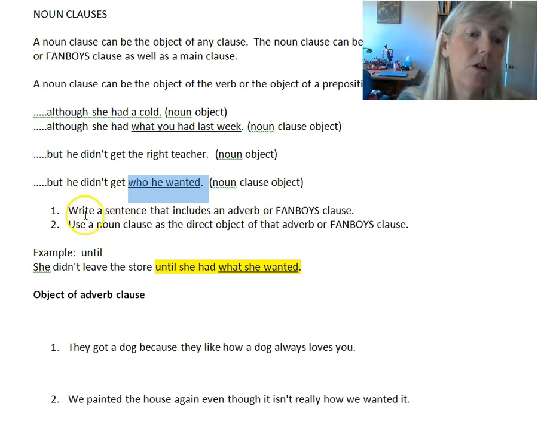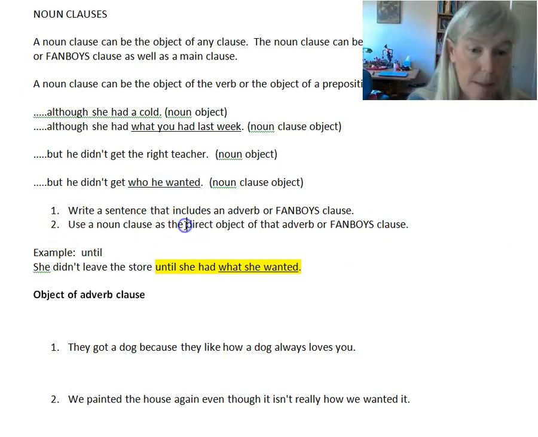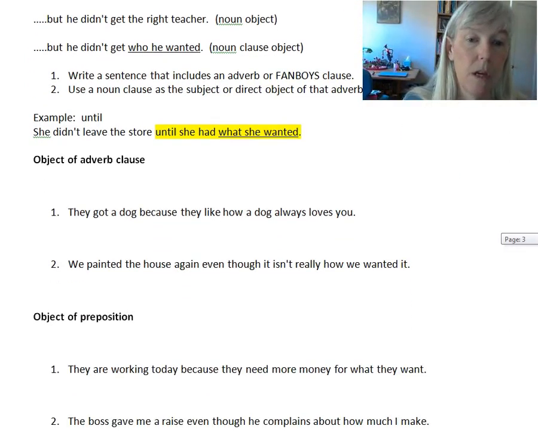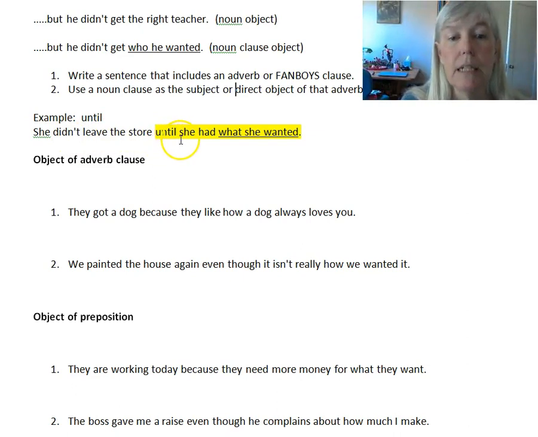So what we're going to do is write a sentence that includes an adverb clause or a FANBOYS clause, and then use a noun clause as the subject or object of that adverb or FANBOYS clause. For example, with until, we would say she didn't leave the store until she had the dress, noun.